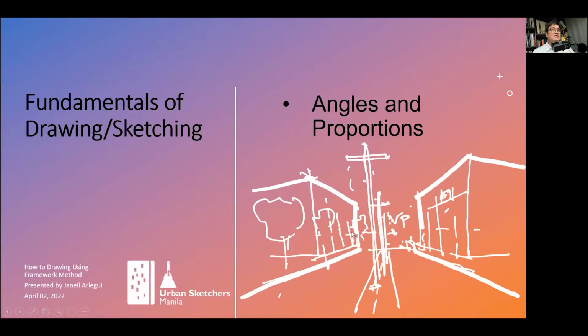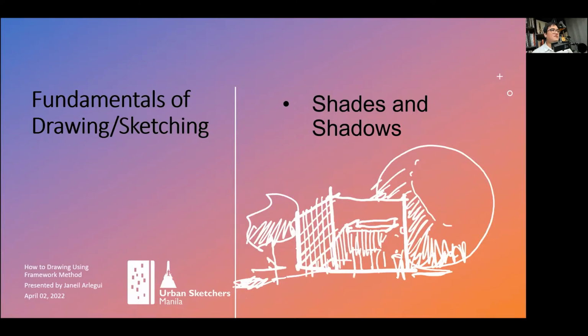So it gives the viewer the cue of distances and depth. If you see here, I drew a tree at this size, and if it's farther away, it's drawn smaller, and the third one would be smaller still on paper. That's an illusion. So that's the third basic principle of drawing.